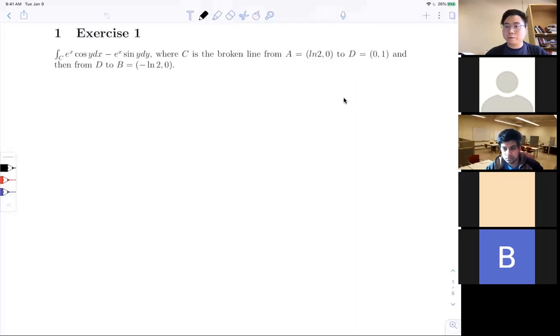Okay, so for this kind of problem, the first step you need to do is to figure out what's the integration region, right?